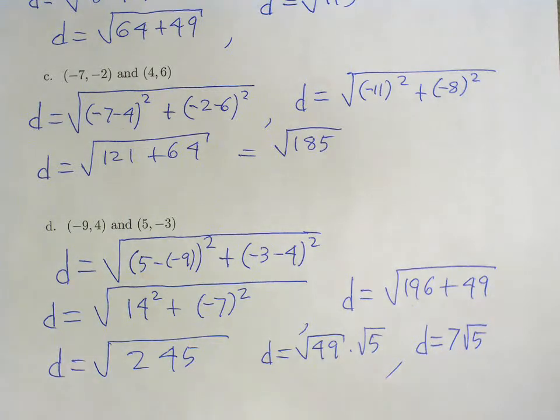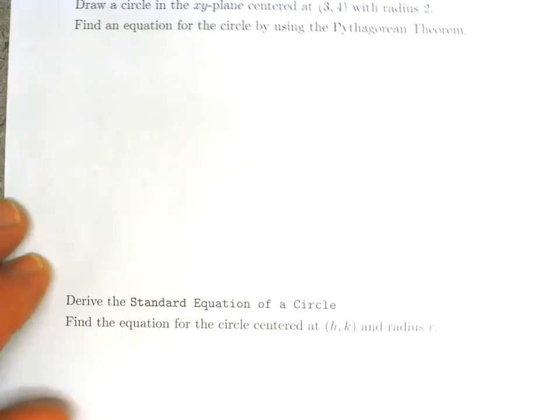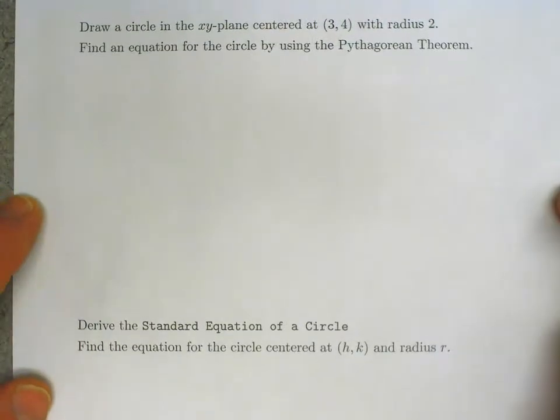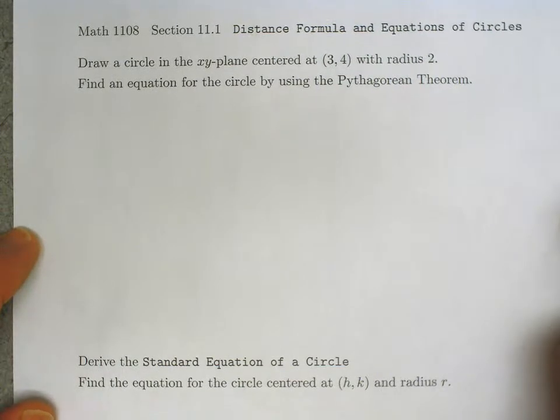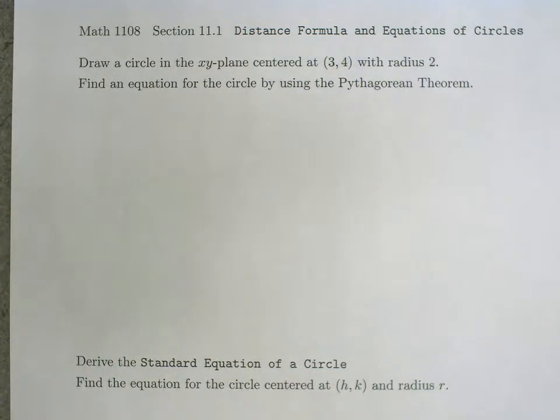Okay, now we'll start looking at circles. So this says draw a circle in the xy plane centered at the point (3, 4) with radius 2.